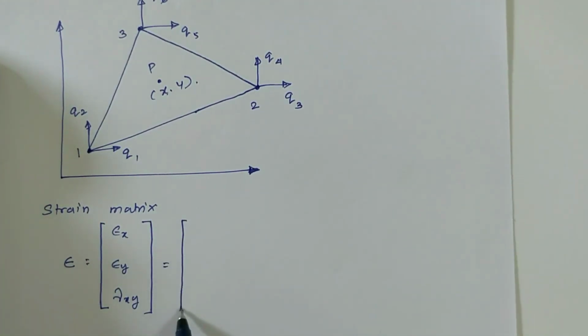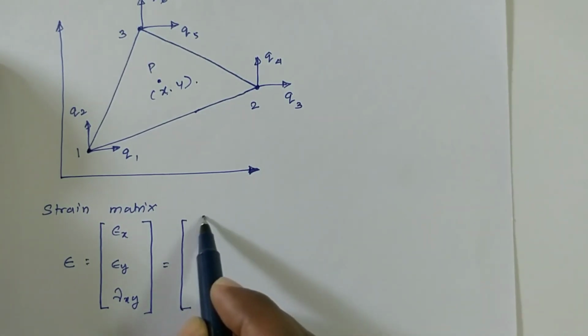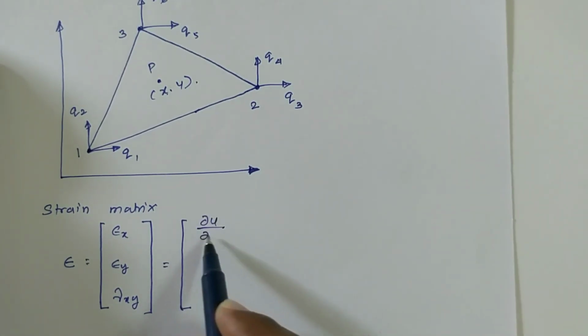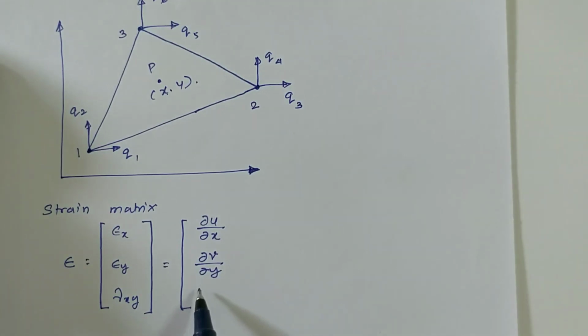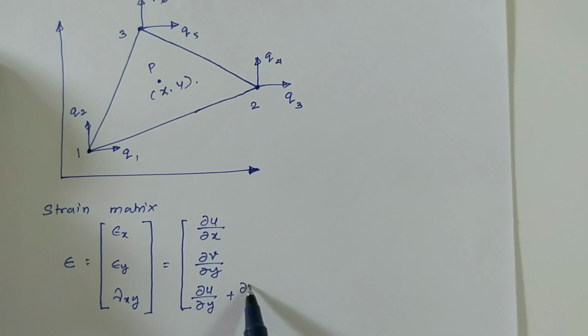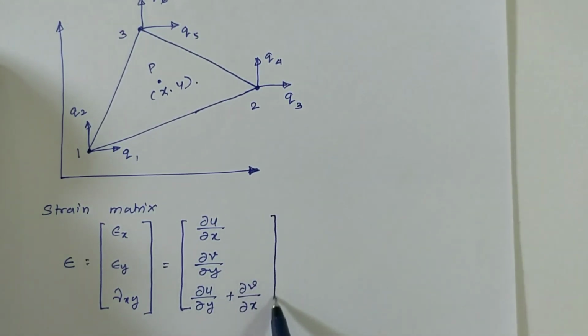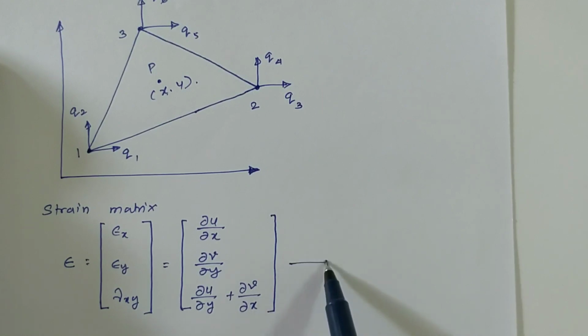Since we know that epsilon x can be written as dou u by dou x, and epsilon y is dou v by dou y, and gamma xy is dou u by dou y plus dou v by dou x. Now let us call this equation 1.